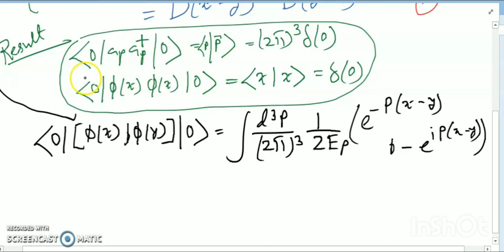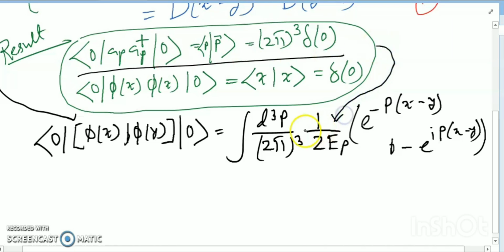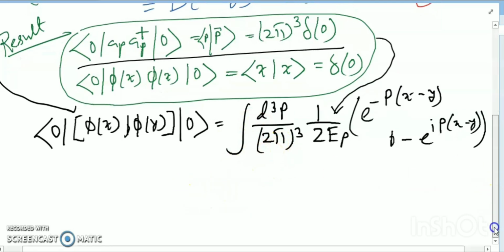I apply this equation here, so you can learn. I will also explain it more if you want. Now you have to remember this equation I get. Now these equations, this is the Feynman propagator.